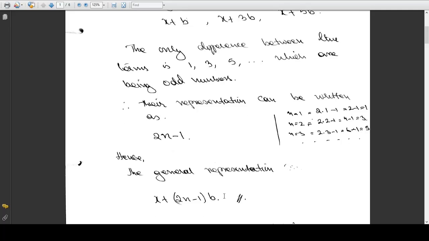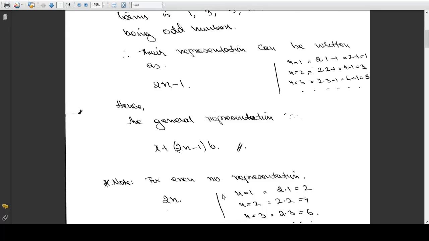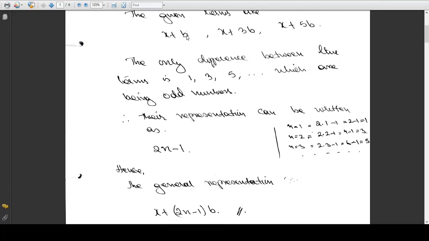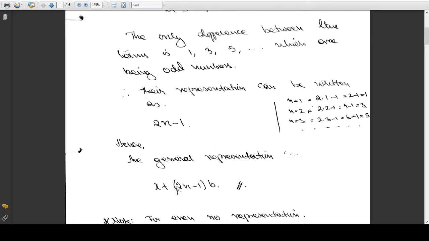Okay. Now remember that if they ask you to give the general representation for even numbers, suppose x plus 2b, x plus 4b, x plus 6b, you will just have to change this to 2n, just 2n.